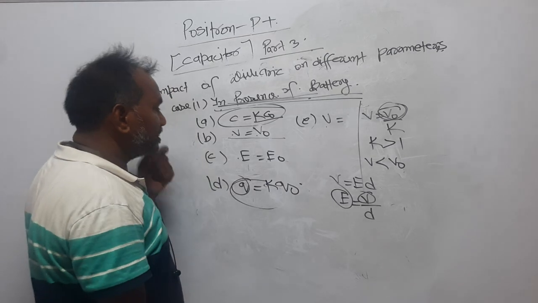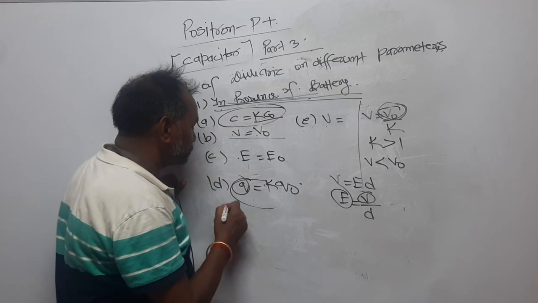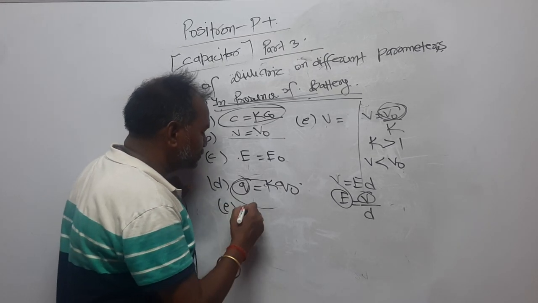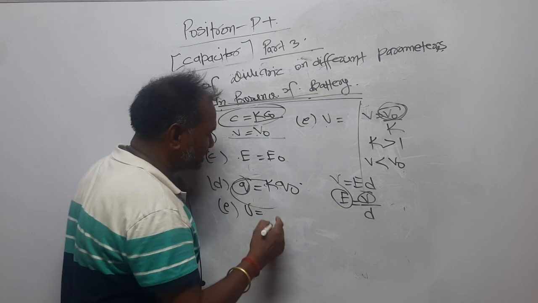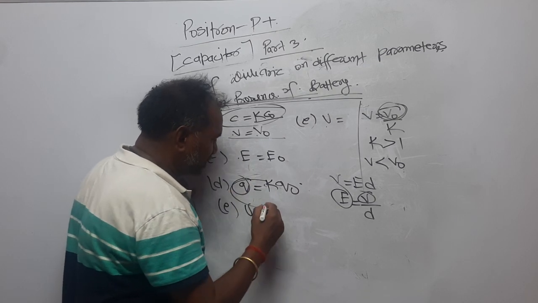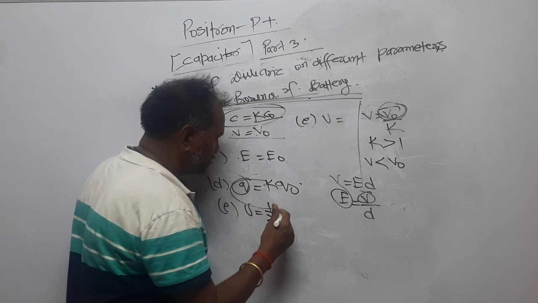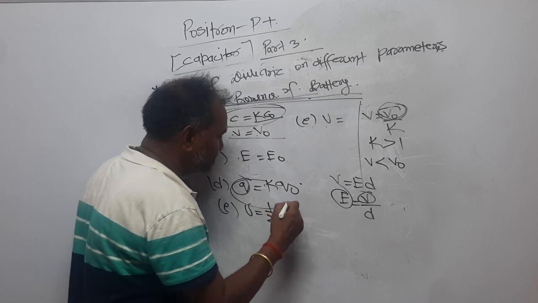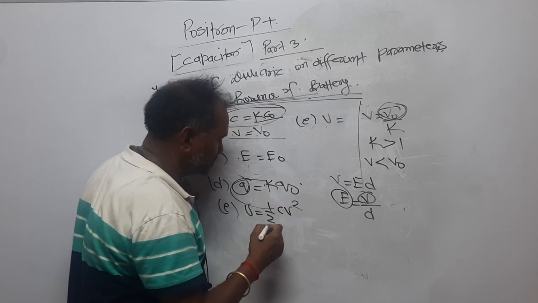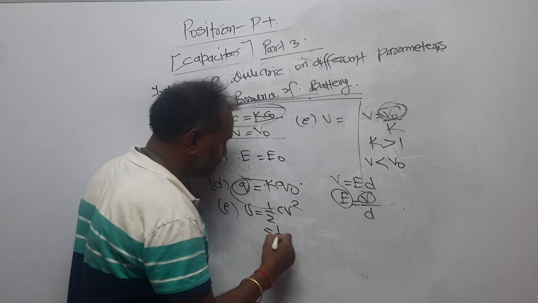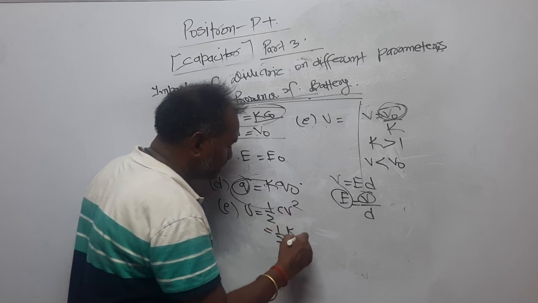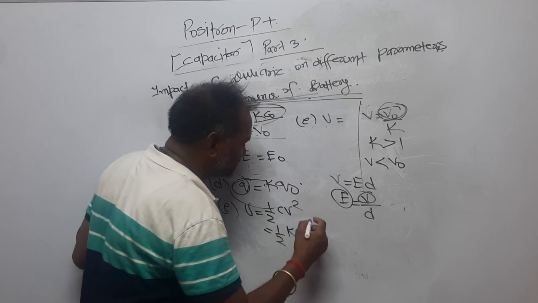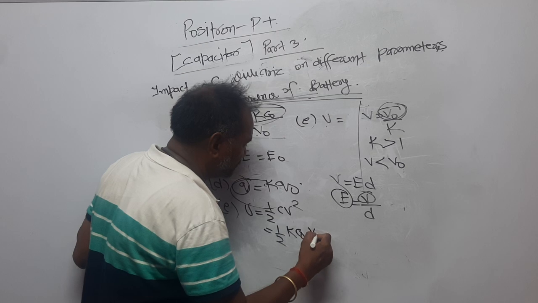And the last parameter that I have to talk with you about is U. U is half C V square, or half C is K C naught, and V is the same V naught.